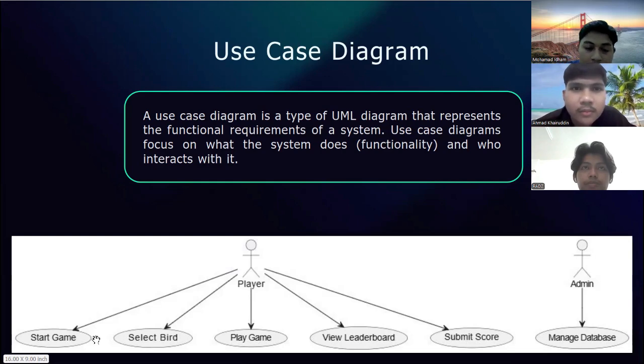So if you guys can see here, there's two actors in this use case diagram, which is player and admin. Player is a main actor in this use case, and admin is a secondary actor. So the main user, which is player, is the user who interacts with the games, and the player can perform actions such as starting games, select birds, playing a game, viewing a leaderboard, and submit a score.